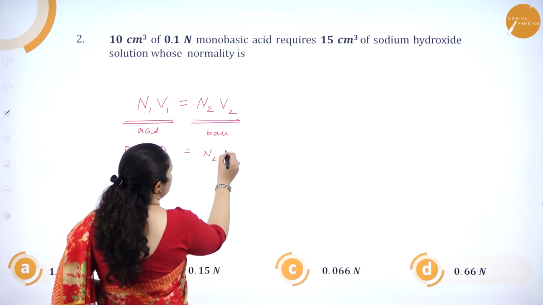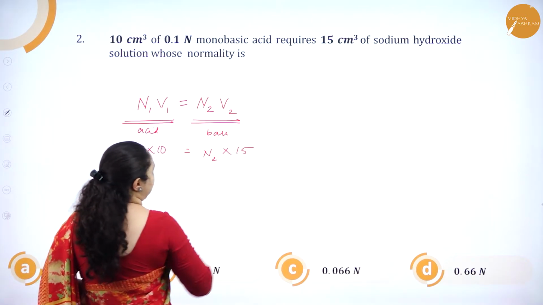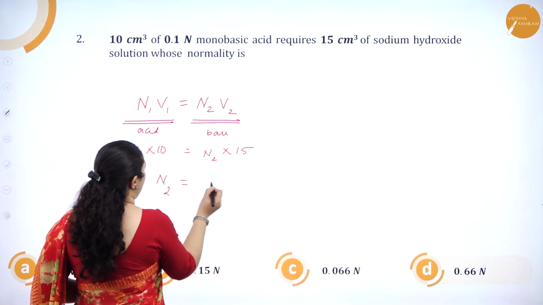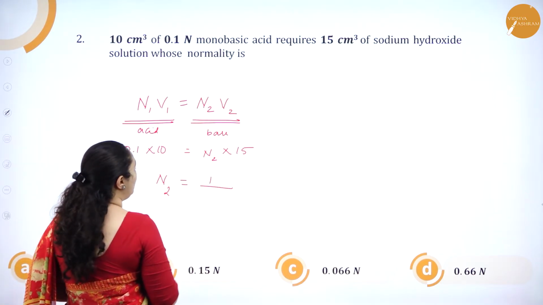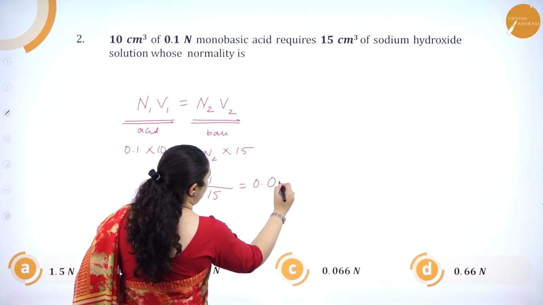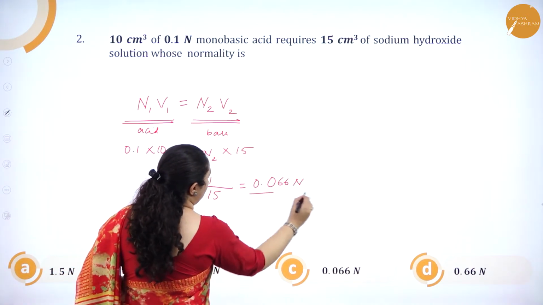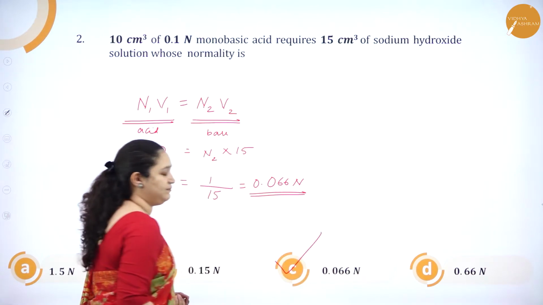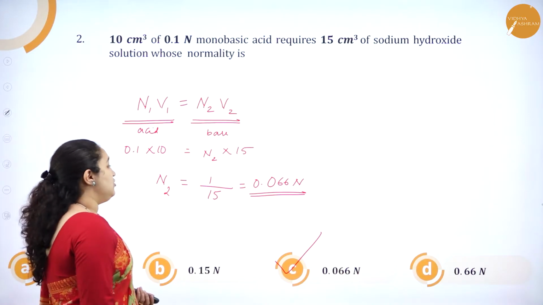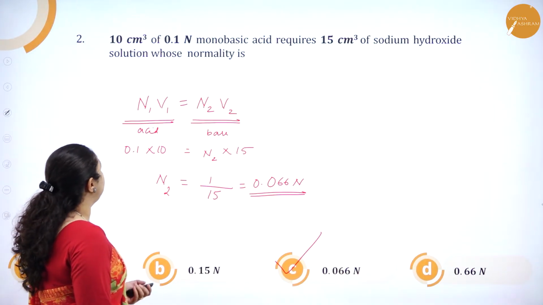I'll keep it as it is and volume is 15. So N2 will be equal to 1, that is 10 into 0.1 is 1, divide by 15, that is 0.066 normal. So option C is the right answer. Fine. So we'll go to the next question.